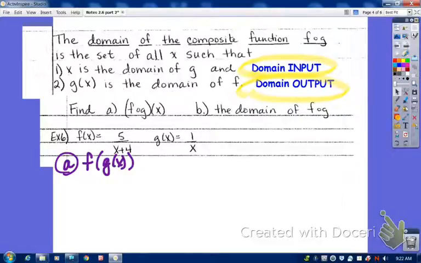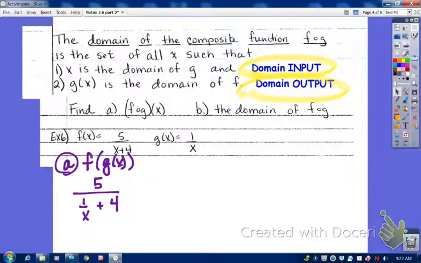I'm putting the g of x function into f. So it would look like this. It would be 5 over 1 over x plus 4. So that's what that's going to look like. If I do f composite g of x, that means I'm taking the g of x function and I'm putting it into the f of x function.